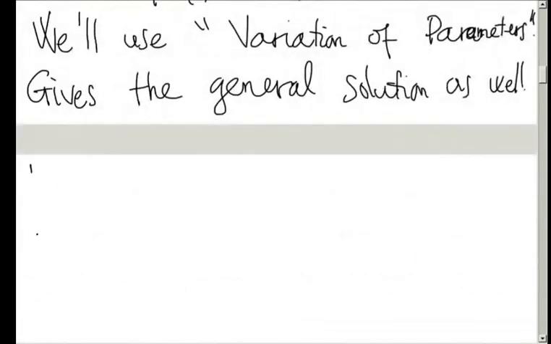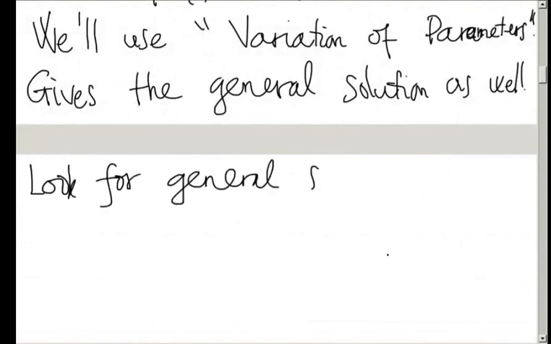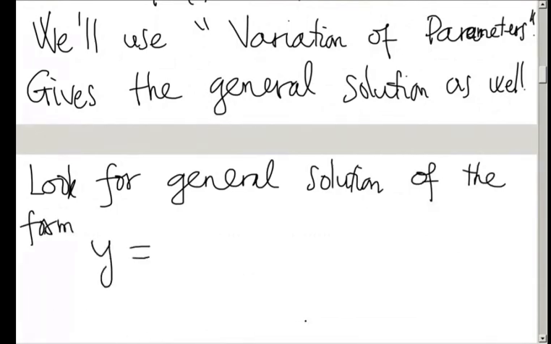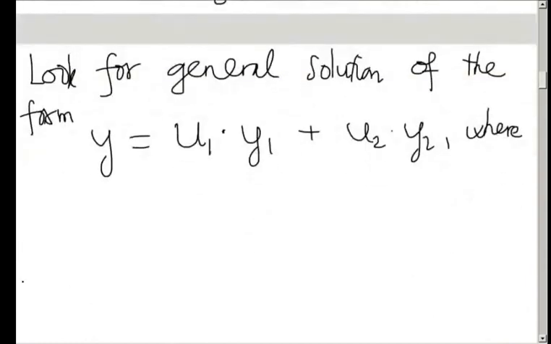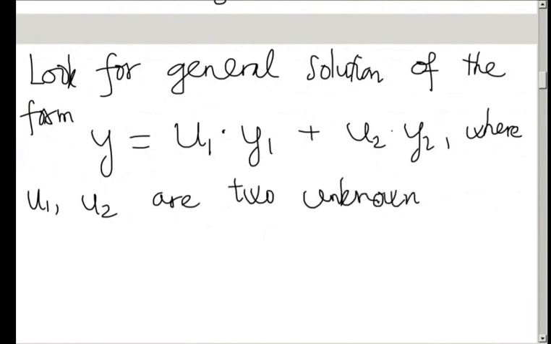So how do we do that? We look for a general solution of the form y equals u1 times y1 plus u2 times y2, where u1, u2 are two unknown functions that we need to determine.